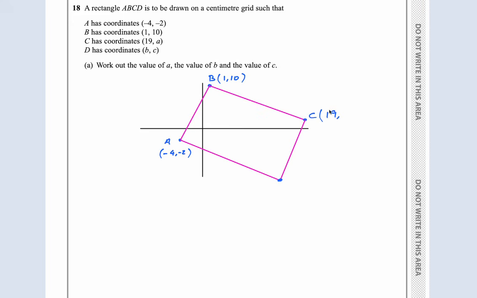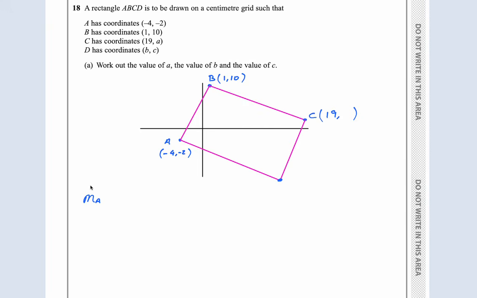So we need to say this is 19, what? Now the key to the question here, guys, is that you know this is actually a perpendicular lines question, because you know that these two lines are perpendicular because it's a rectangle. So what we're going to do is get the gradient of AB.